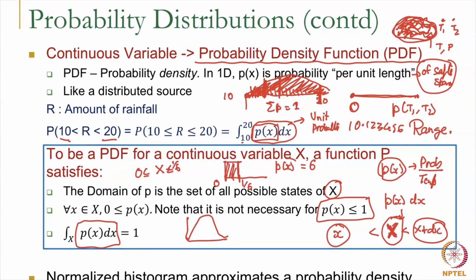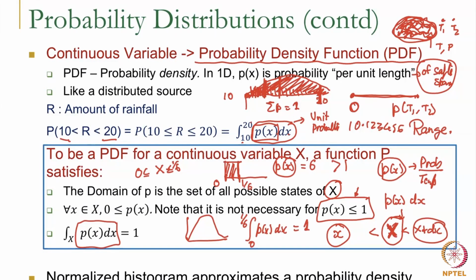So you can notice this density is greater than 1. But when I integrate p of x dx over the entire sample space domain, you're still going to get 1. 6 times 1 by 6, you're going to get 1. So it's entirely possible for the probability density, since it's a density, to be greater than 1. All it means is it's really, really dense.